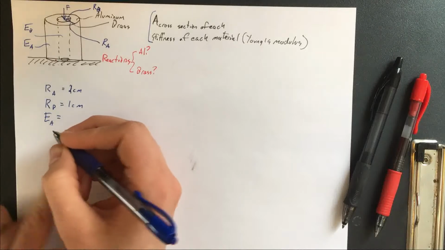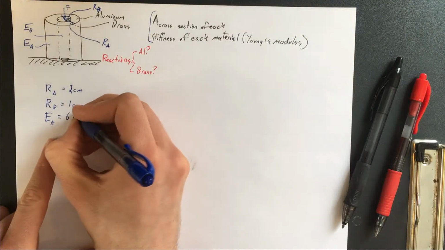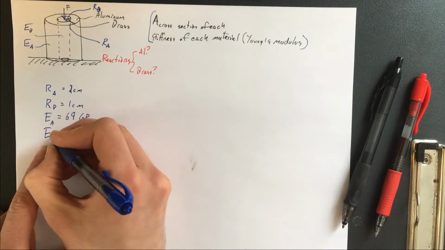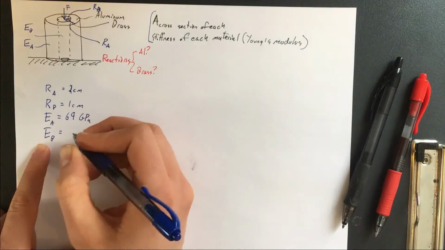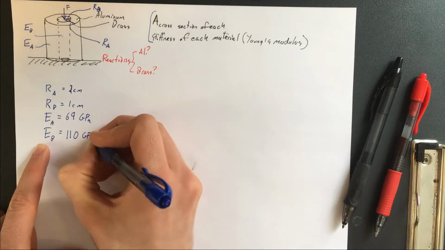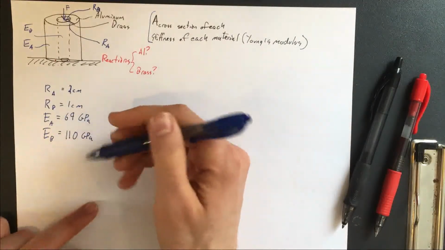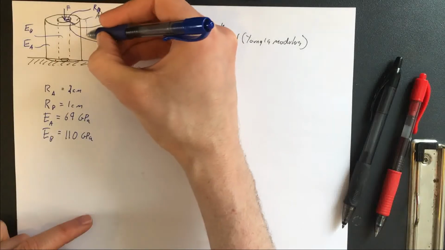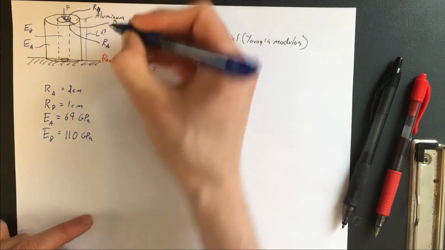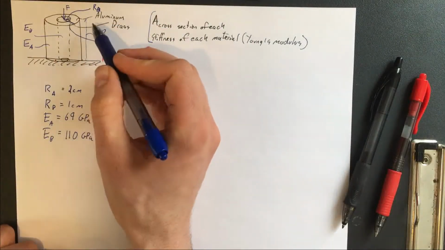The stiffness of aluminum is about 69 gigapascals, and the stiffness of brass is about 110 gigapascals. You might ask, do we actually need to know information about the overall length? It turns out we don't need it.